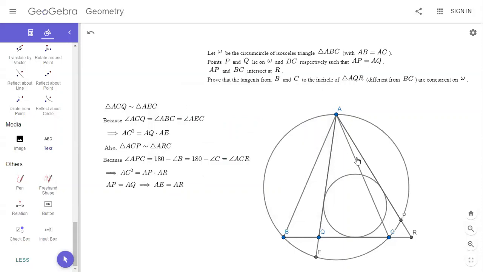Now, if we know that, where do we go from there? Can we show that EP is tangent to the smaller circle?